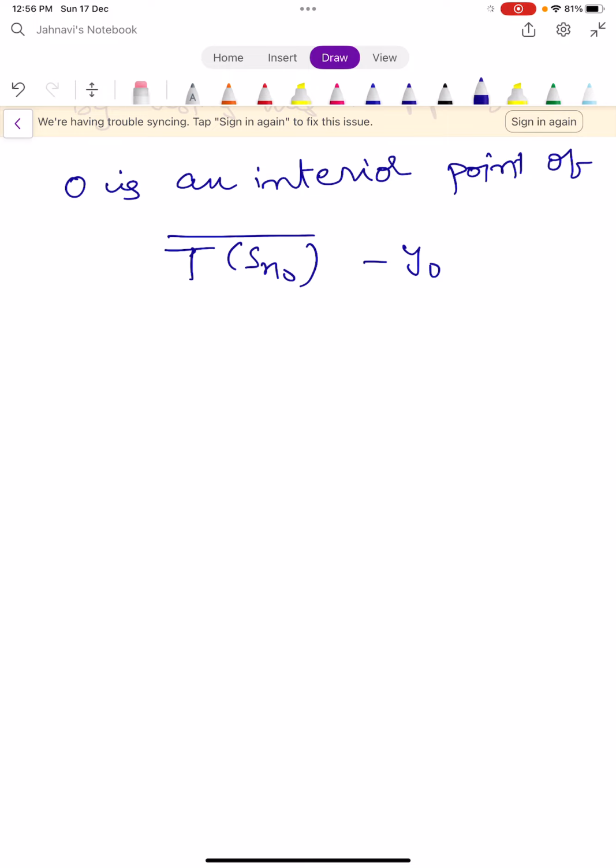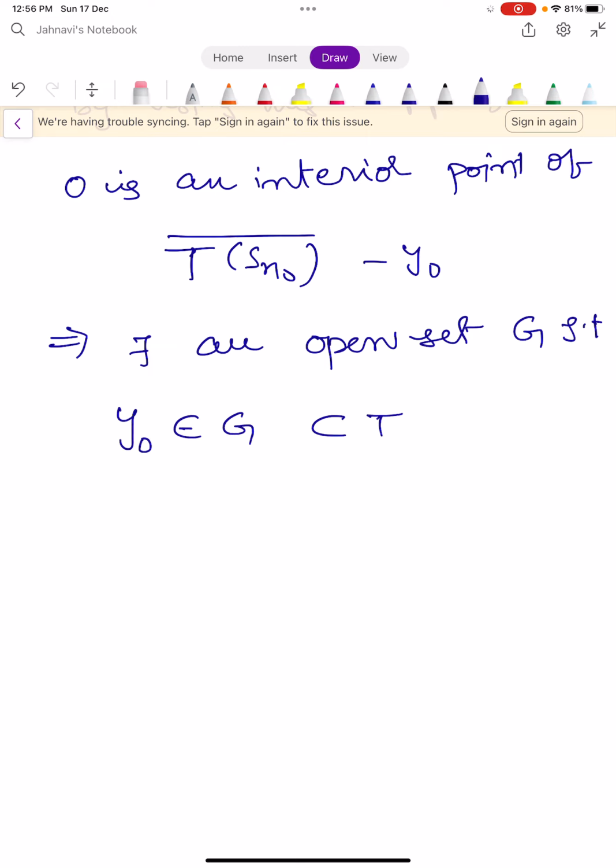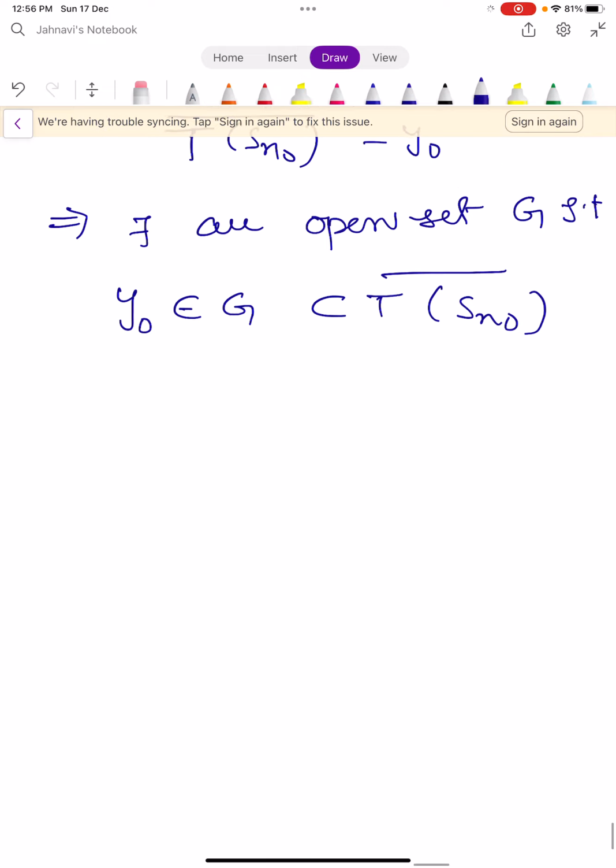That means there exists an open set G such that y naught belongs to G and it is a subset of T(S_n0 bar).